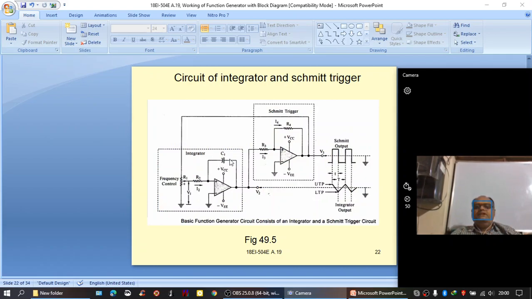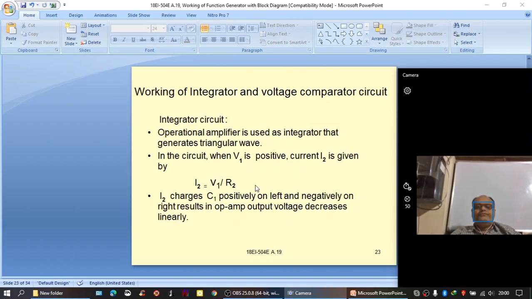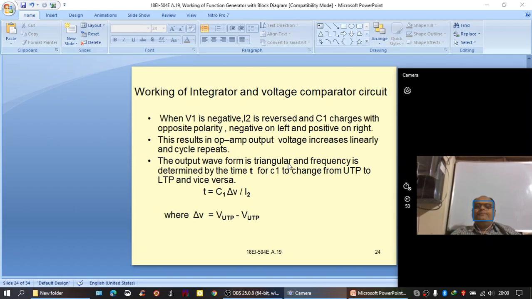Positive on left and negative on right. That is why here it appears to be a negative going ramp, looking from the output. But the voltage on the capacitor is a positive going ramp only. The output voltage decreases linearly.